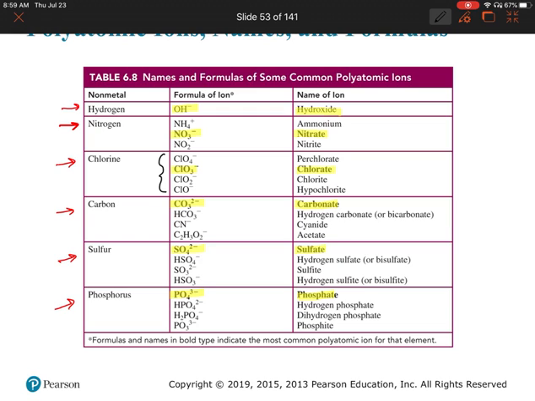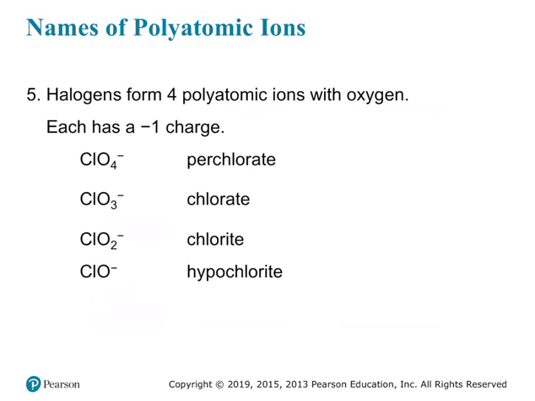These are all natural polyatomic ions, so chemists needed a way to name all of these different ions, even though they're very similar. So what they came up with is the following.